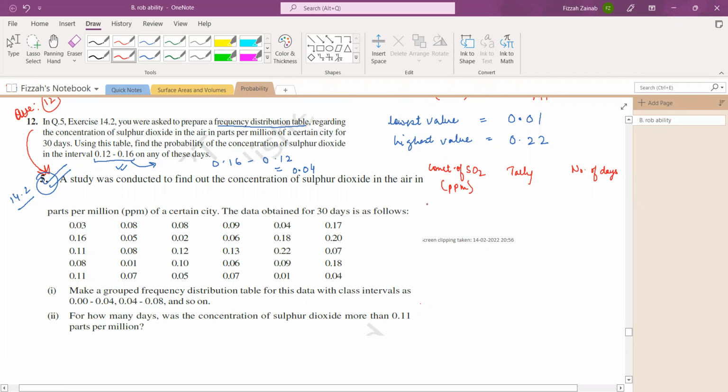We will start with 0.00 to 0.04, then 0.04 to 0.08, 0.08 to 0.12, then 0.12 to 0.16, then 0.16 to 0.20, now 0.20 to 0.24. This much is enough because the highest value is 0.22. Now do the tally and then tell the number of days.